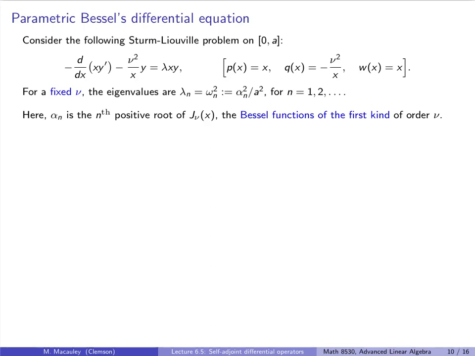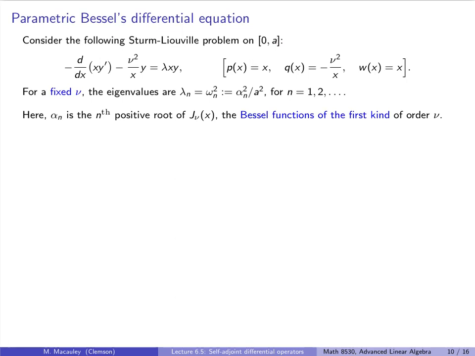For a fixed nu, which depends on the physical property of the system, think of it like how tightly the canvas is stretched, there's an eigenvalue lambda n for every natural number n starting at 1. This eigenvalue is alpha n squared over a squared, where a is like the radius of the drum.